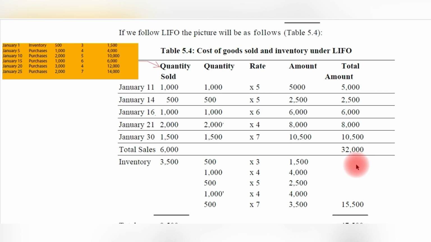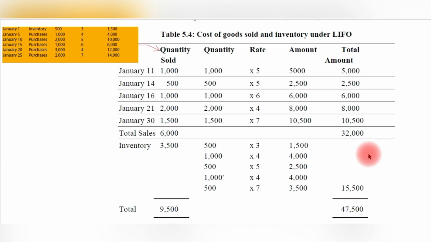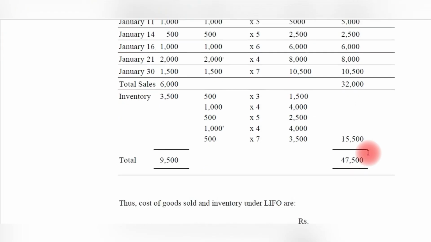This gross profit is used for analyzing operating expenses, net profit, and many other things in the profit and loss account. So gross profit will be the point of consideration. Depending upon the prices, different methods will be chosen by the company. Normally, a uniform procedure will be followed throughout the year.